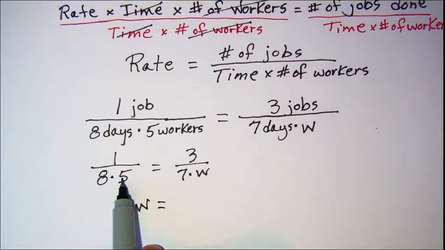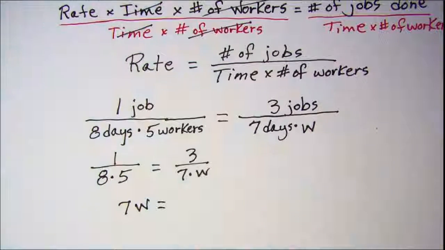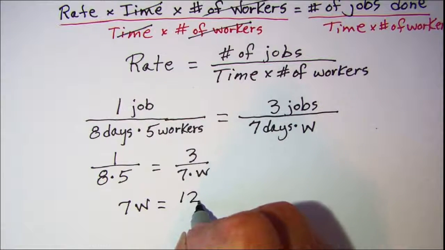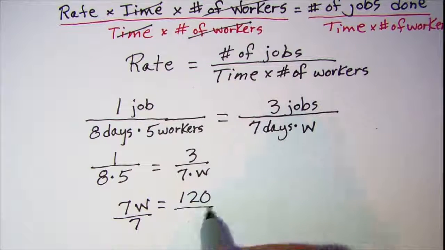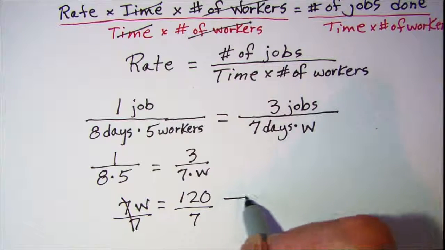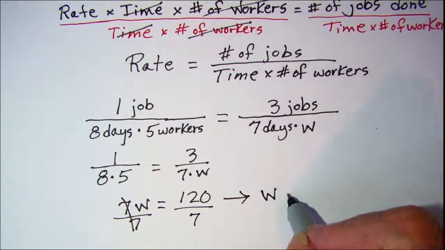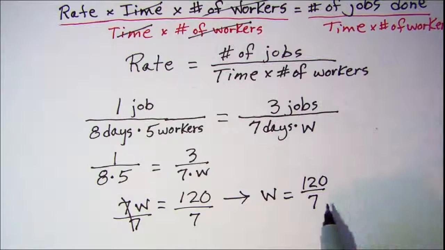And then 8 times 5 times 3, well, 8 times 5 is 40, times 3 is 120. And divide both sides by 7. These will cancel. And it looks like W is equal to 120 over 7 workers.